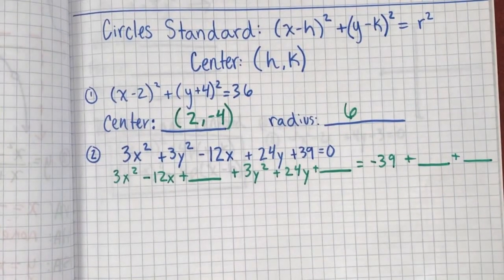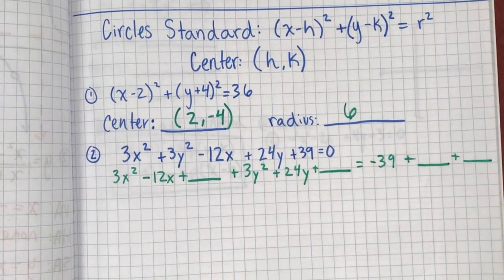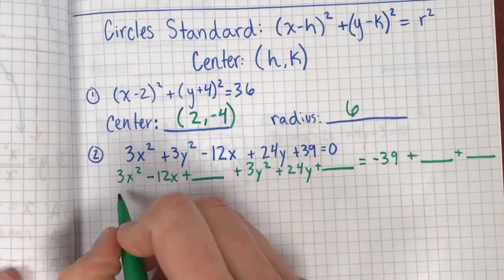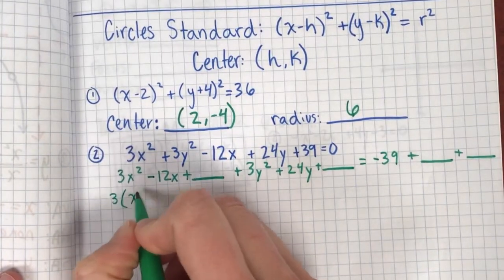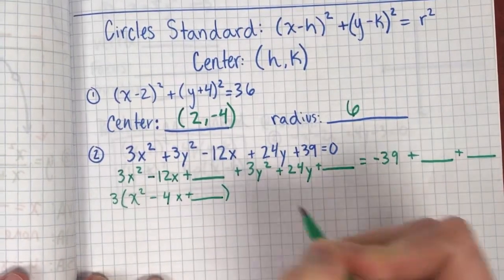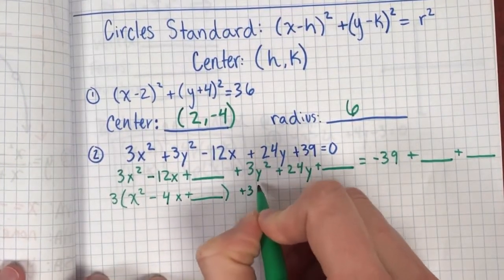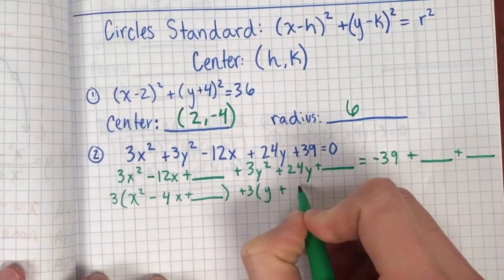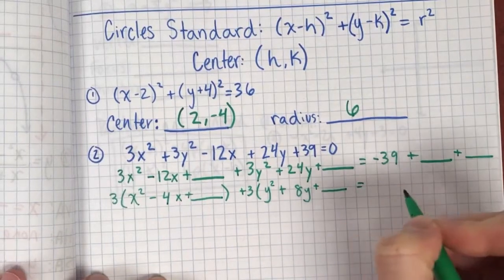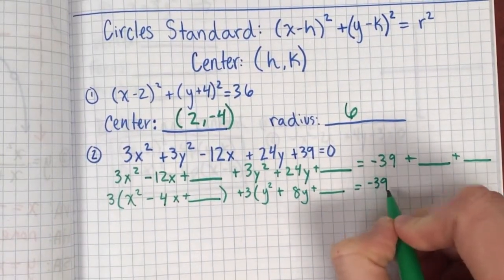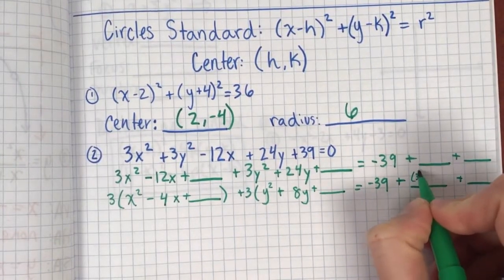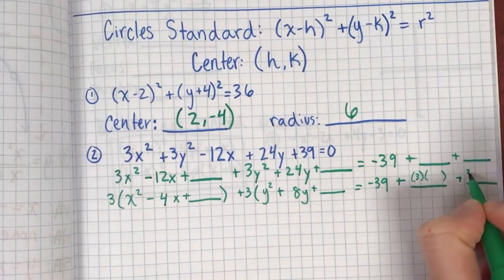All right, so first of all, we can't really have these coefficients in the front. So first we would need to take out this coefficient, and do the same with our y's. We have the same coefficient here. Now, on our opposite side with our equal sign, whenever we add numbers over, we're going to add 3 times that number.